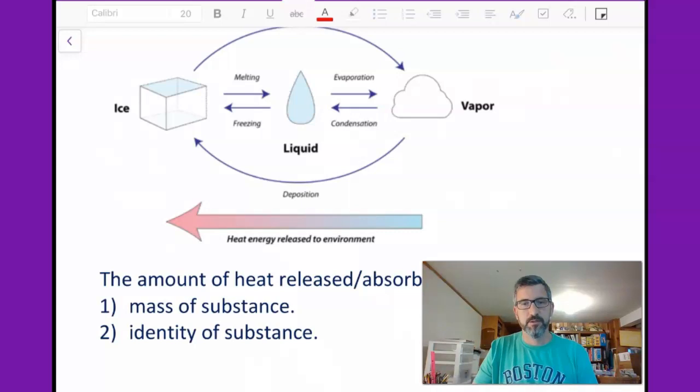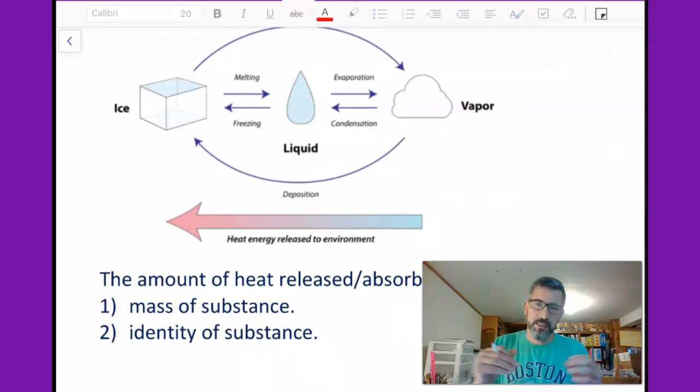So it's the same amount, it's just a matter of is it absorbed or is it released. In other words, if I take an ice cube out of the freezer and it melts to liquid, maybe I should probably put it in a glass. So I put it in a glass, I set it on the counter, and I let it absorb heat from the environment and melt. Then I take that same sample of water and put it back in the freezer and refreeze it.